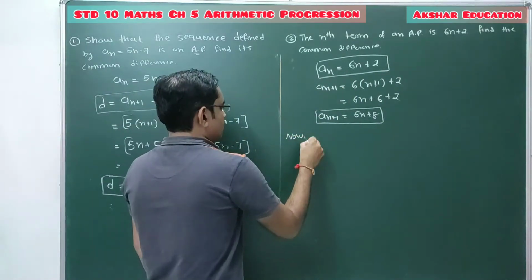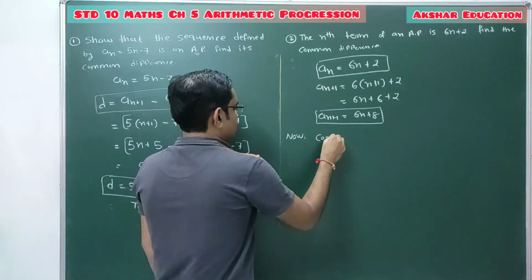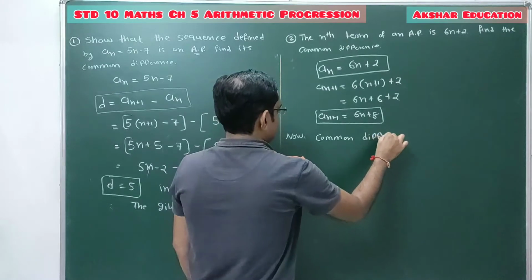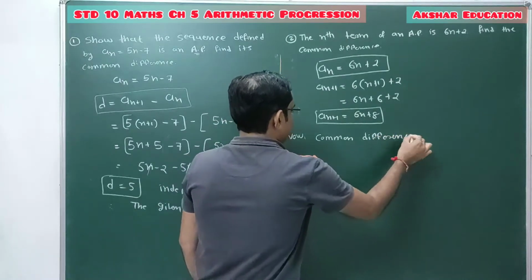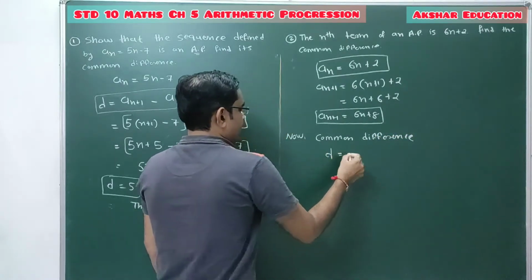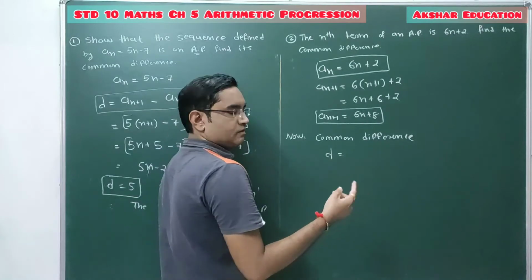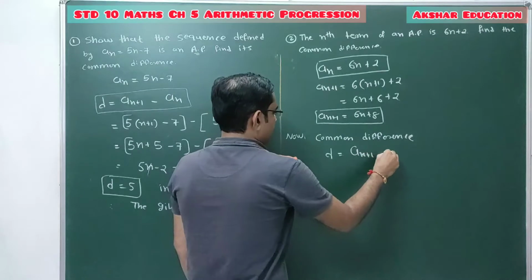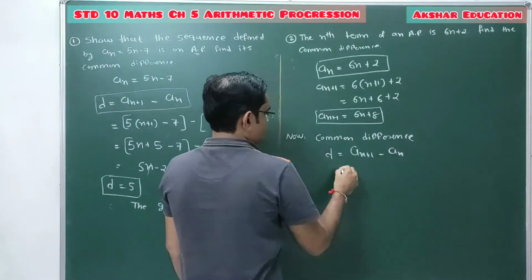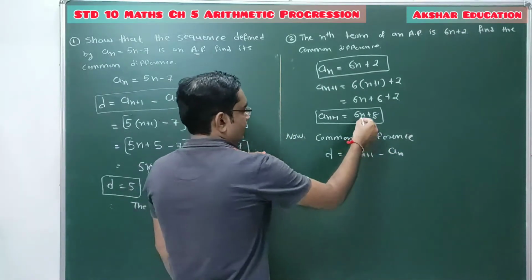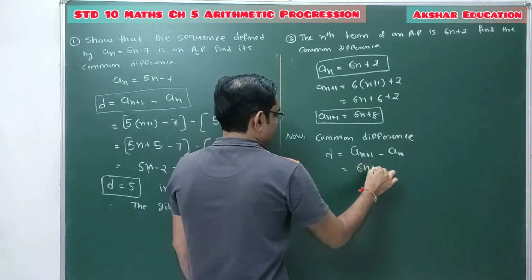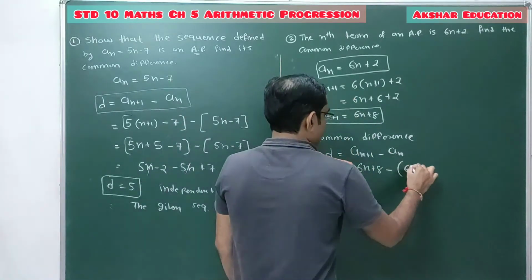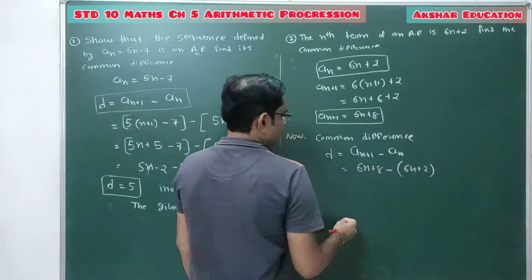Now the common difference d is nothing but the difference between two consecutive terms, a_(n+1) minus a_n. So a_(n+1) is 6n plus 8 minus a_n, which is 6n plus 2.